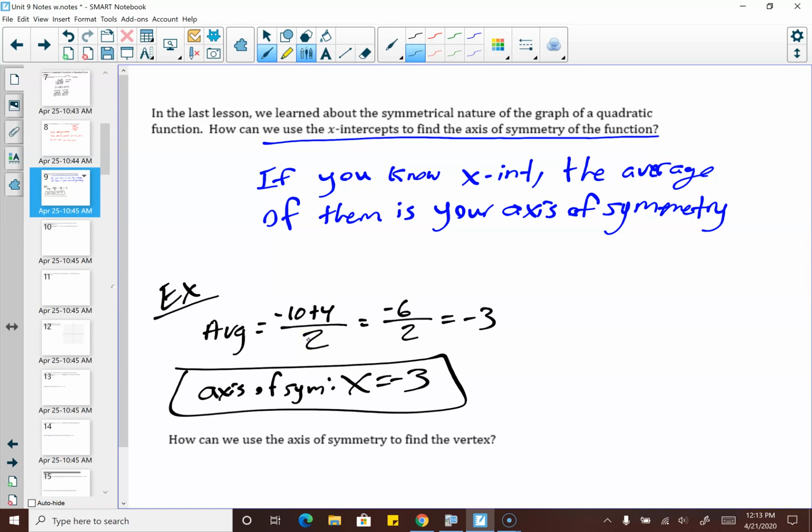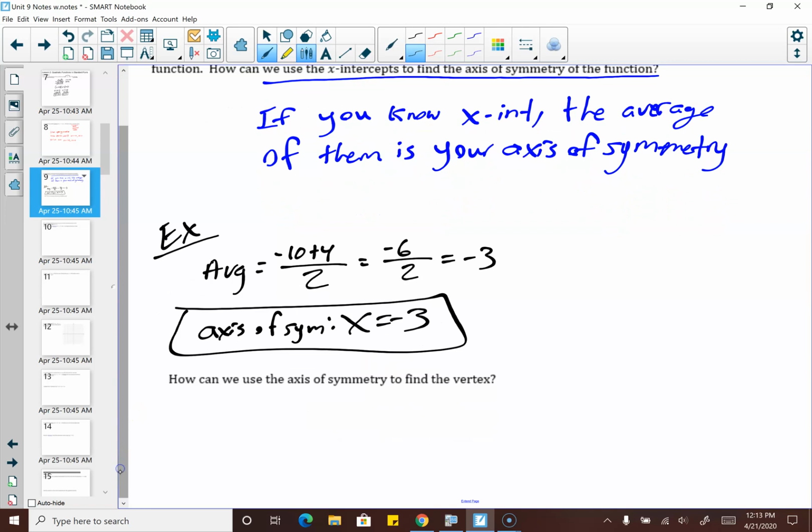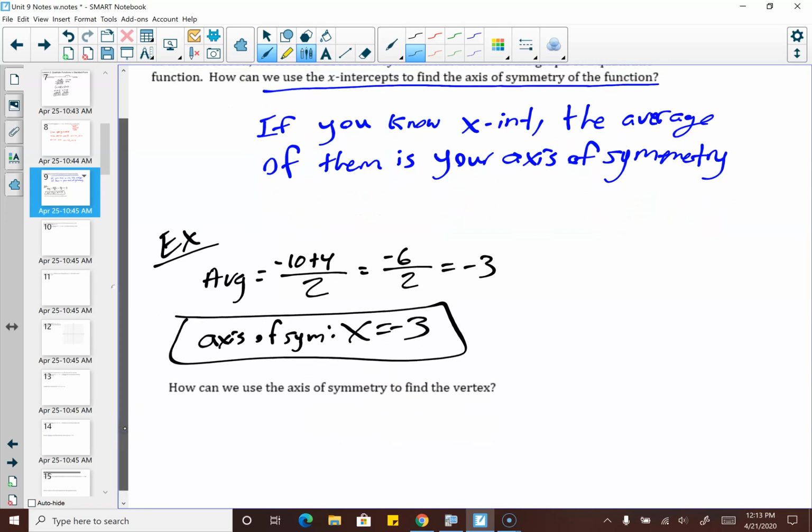Negative 6 divided by 2 is negative 3. So your axis of symmetry is x equals negative 3. How can we use the axis of symmetry to find the vertex?